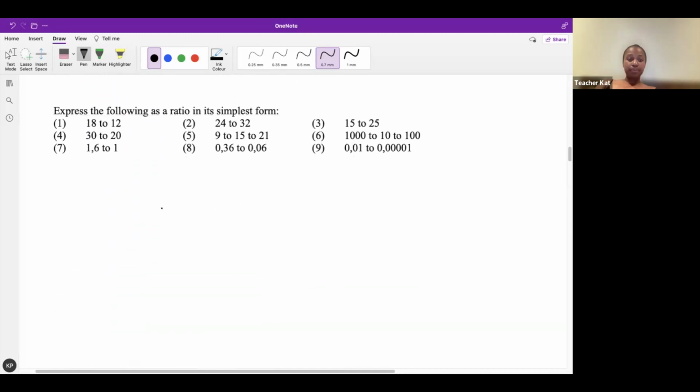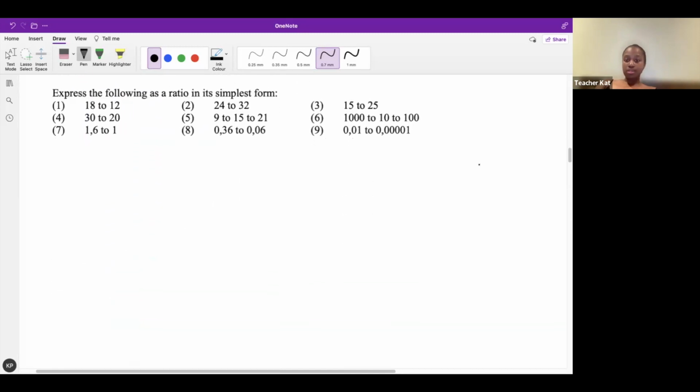Okay. Now let's do these quick, since we all understand now how to do them. Number one, what is my highest common factor? 18 to 12. The highest is, thanks Rolivua, it's 6. So then my ratio is? 3 to 2.